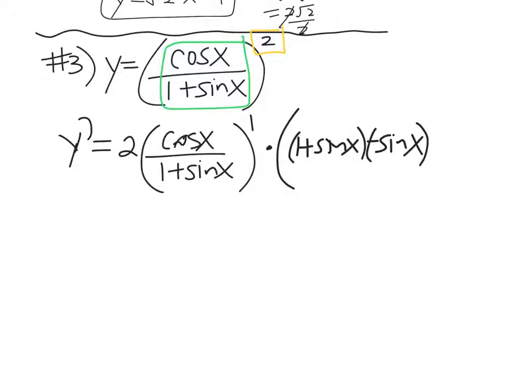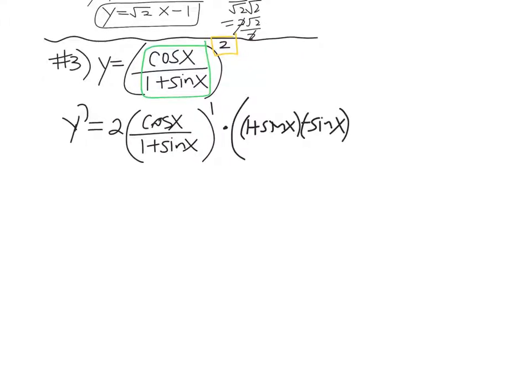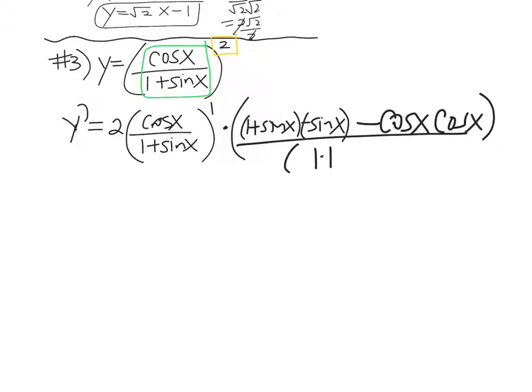Good. So low d high minus high, which is cosine x, d low, the derivative of 1 plus sine x is cosine x over the square of what's below. 1 plus sine x squared.